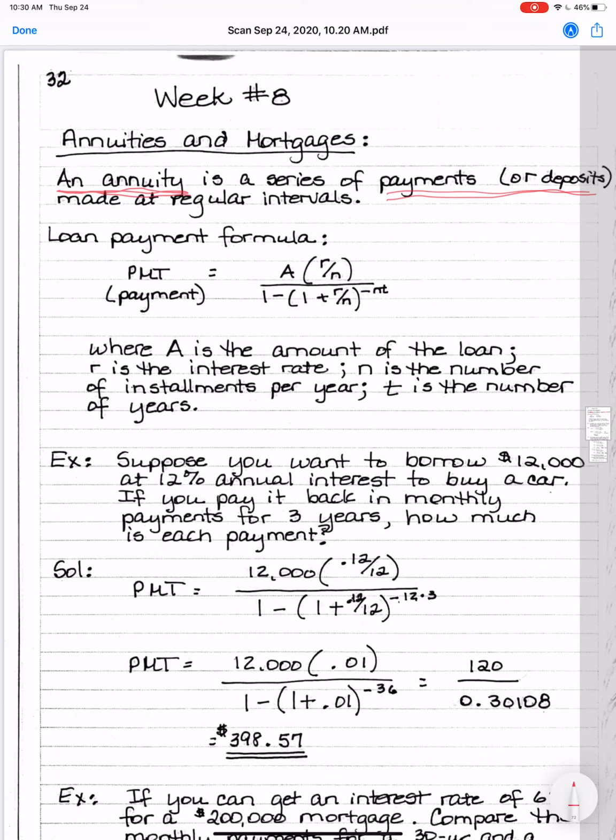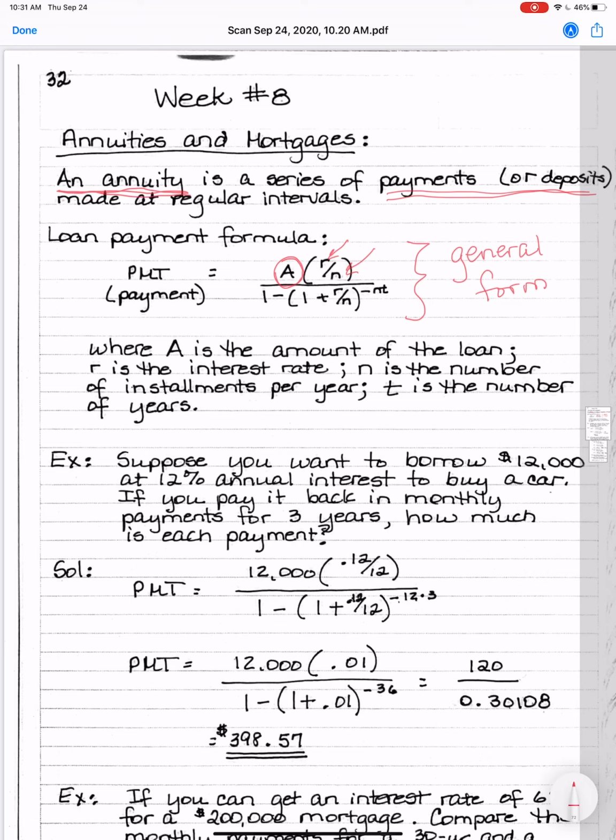So let's look at the general formula first, because you're going to be using this frequently. We'll call this the general form. So the payment is A, which is the amount that you're going to borrow. R and N have the same values that they've had all along.